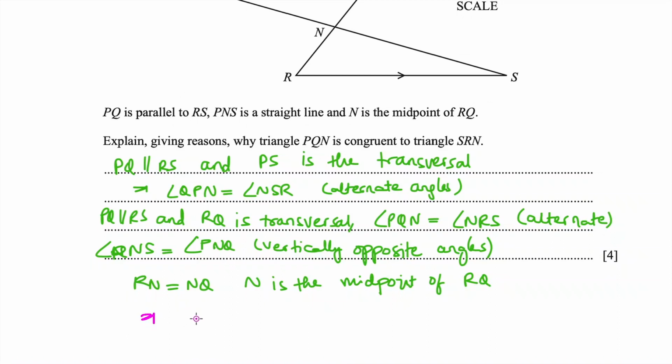So therefore, triangle PQN is congruent to triangle SRN by ASA theorem. Right? Two angles and one side. Any two angles and one side, they are congruent. So as soon as you can say RN is equal to NQ, they become congruent. That's it. This completes the question. So let us meet in another video.